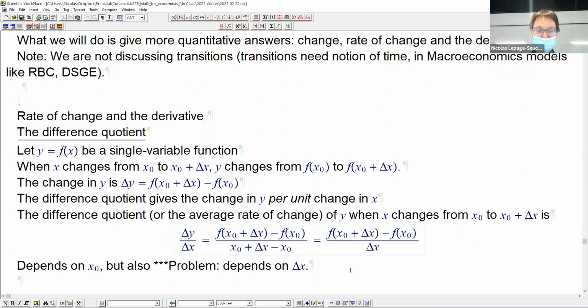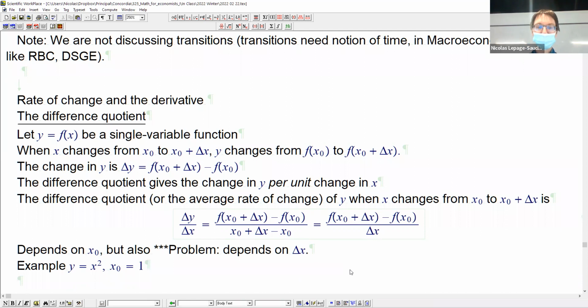If I give an example, let's have y equals x squared, and I take x0 equals 1. I cannot derive yet. I have to define what my delta x is. So let's look at what happens if I take different lengths of delta x.